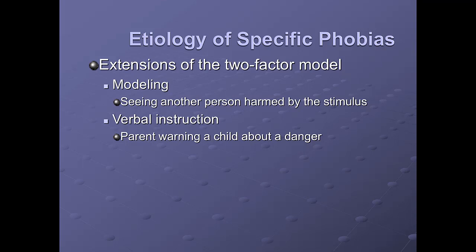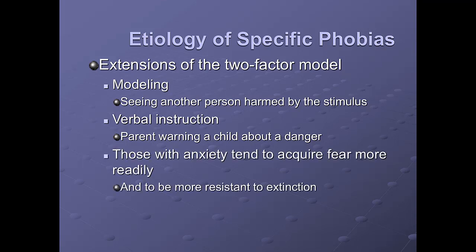What's very interesting here is that this friend of ours has two children, and he has instructed them. He's engaged in both modeling and verbal instruction, where he has shown fear of dogs, and he has shown avoidance of dogs, and he has told his children they are not to go near dogs. And even though his kids have never had a negative interaction with a dog, they both fear dogs.